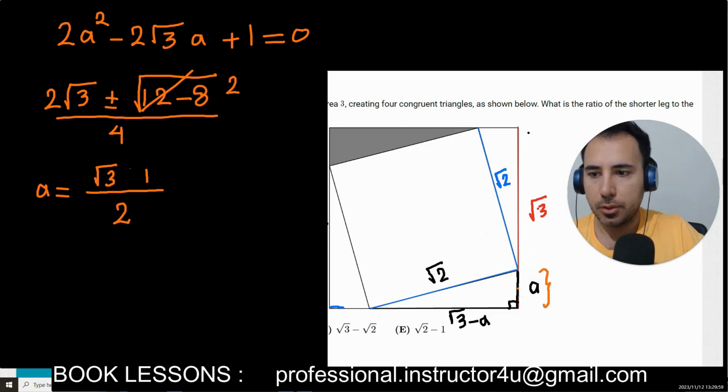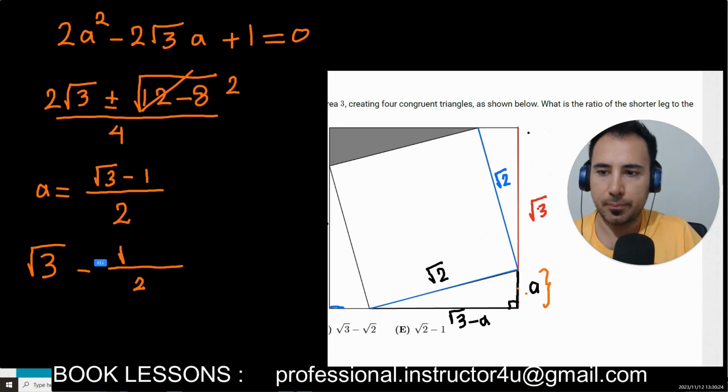You could also continue with the positive one, still will be correct. If this is the value of A, now we want the value of this part. It would be the larger side of the triangle, the larger leg. So all I have to do is write this: all of the red side was square root of 3, minus the value of this.